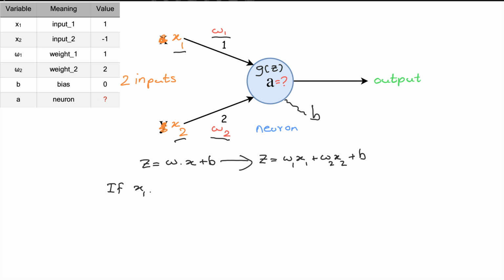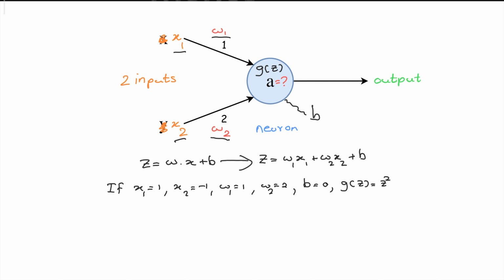And now suppose we have x1 is equal to 1, x2 is equal to minus 1, omega 1 is equal to 1, omega 2 is equal to 2, bias is 0, and we also have activation function of z squared. Notice we have nonlinear activation function here.